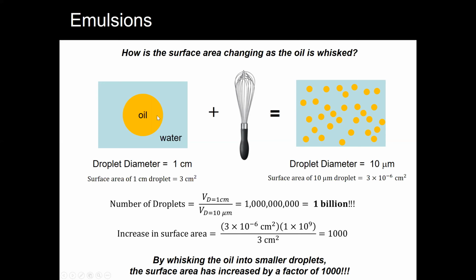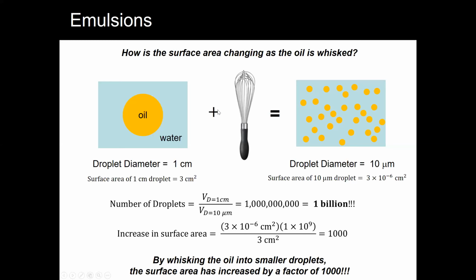You start with a large droplet, and then by whisking it, you create all these smaller droplets that are touching a lot more of the water, the oil molecules, right? So there's a much larger surface area. And as I said earlier, the oil prefers not to be near water. That costs energy to force the oil to be near water.